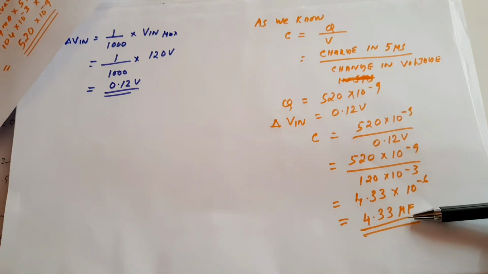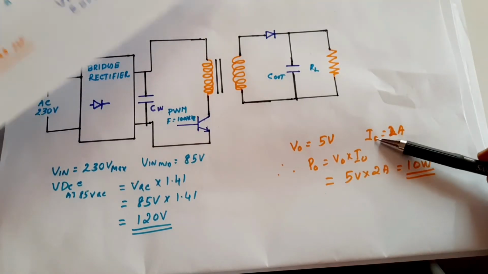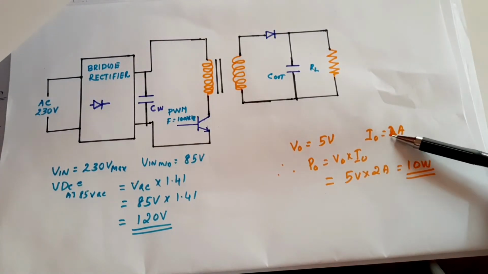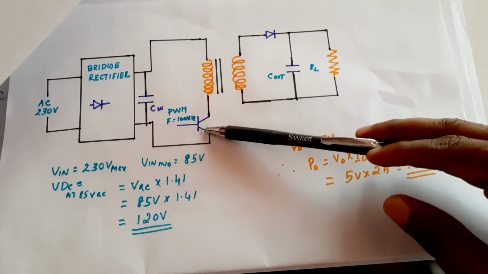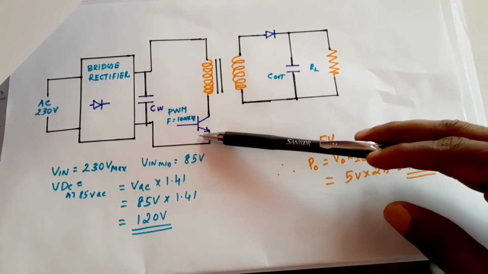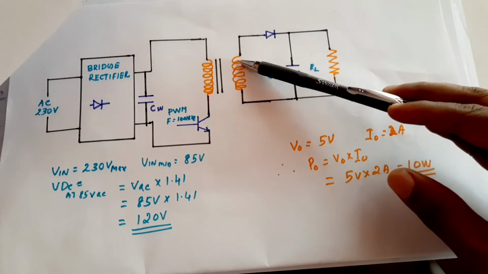So the input value of the capacitor is 4.33 microfarad. Now we will calculate the value of the output capacitor. The output current we have to get is 2 ampere. If the transistor is on, the secondary will be reverse biased.